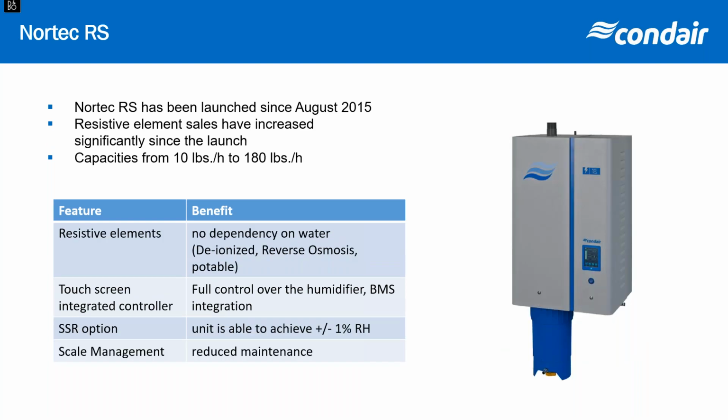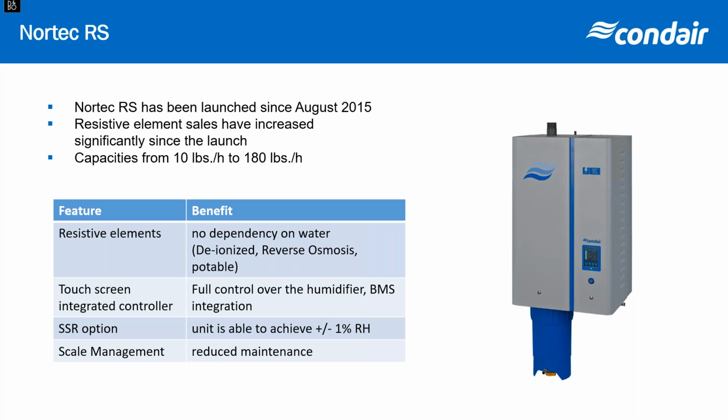So a number of years ago, Condair launched the RS, and the RS is a heating element style humidifier. The heating element with this one has no dependency on the water conditions. In fact, we can use everything from deionized water to RO water and to potable water.